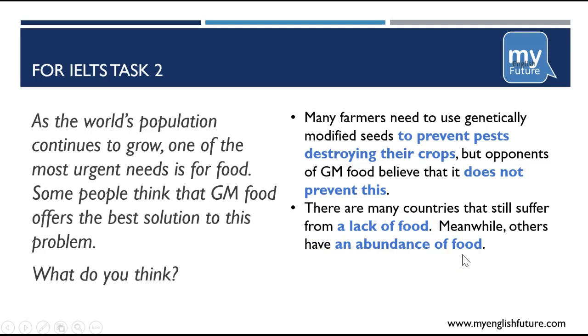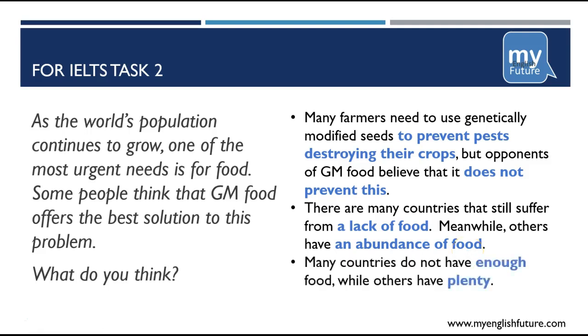So many students mess this up and write, meanwhile, others do not have enough food or something like this, but it doesn't match because this is article, noun, preposition, noun. Try to keep it parallel. And this one just uses adjectives. Easy. Many countries do not have enough, while others have plenty. No problem, but keep them the same grammar type.